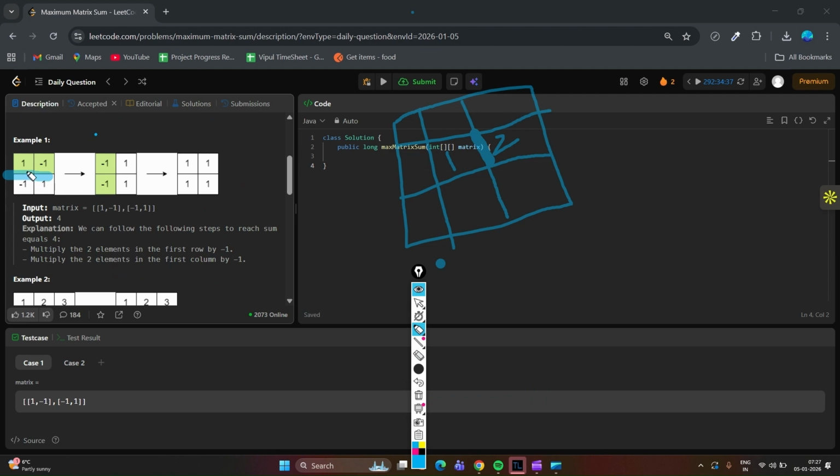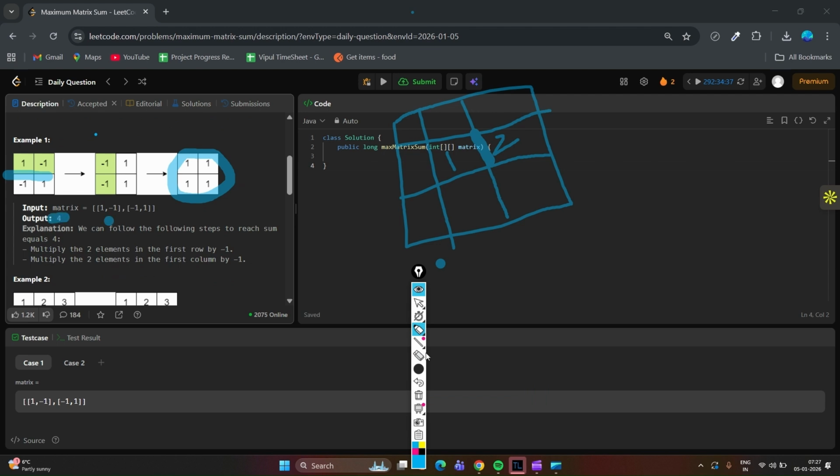If you do that, it becomes minus 1 and 1. Again you can see minus 1 and minus 1 here, and if you multiply them by minus 1 then it becomes 1 and 1. When you add all the elements, it becomes 4, so you have to return 4.